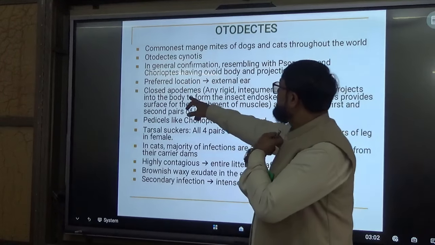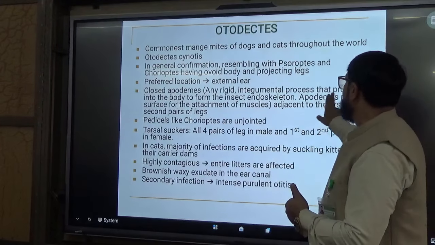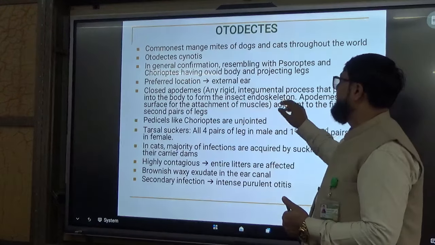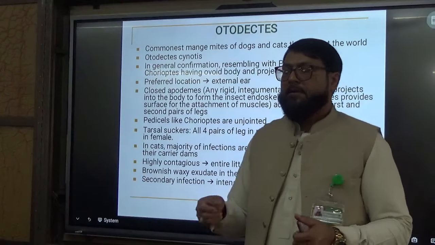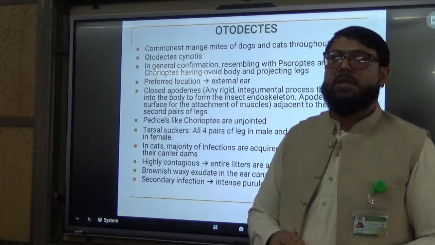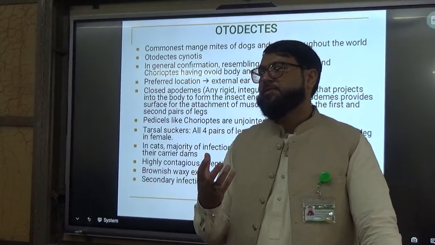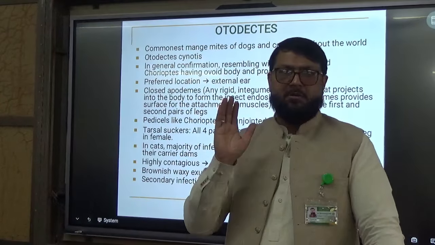Okay, closed apodemes. What are apodemes? Any rigid integumental process that projects into the body to form the insect endoskeleton is called an apodeme. Think about the endoskeleton. In anatomy, you might have observed that the bones have points where the muscles get attached.